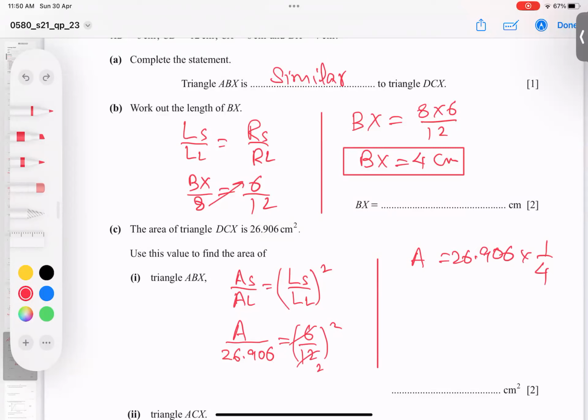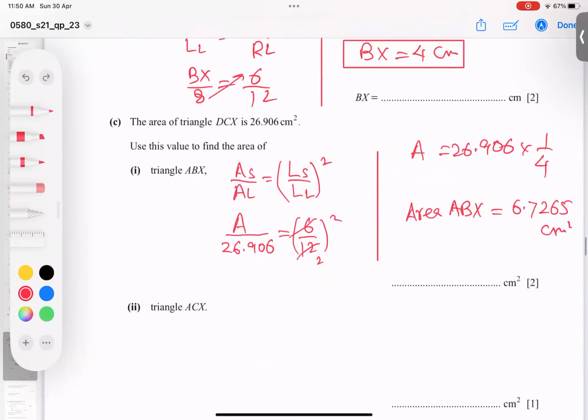It means the area of triangle ABX is 6.7265 centimeters square. This is the exact answer, because I got nothing after the 5. So I have to keep it as it is. Whenever an exact answer comes, don't change it.